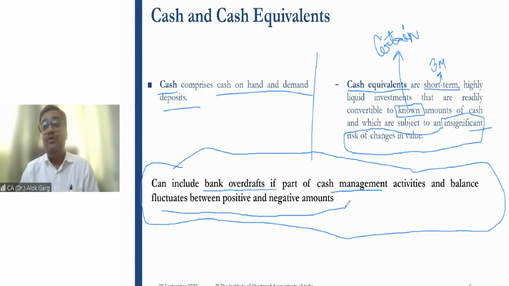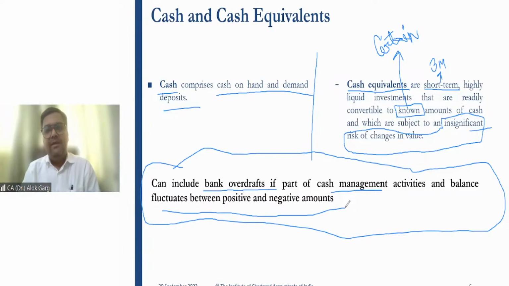Why? Because you have a bank overdraft facility. In that case, your bank balance will be overdrawn by 50,000 rupees. At the end of the year, it will show negative 50,000, meaning you have to pay the bank to the extent of 50,000 rupees. It is a bank overdraft.